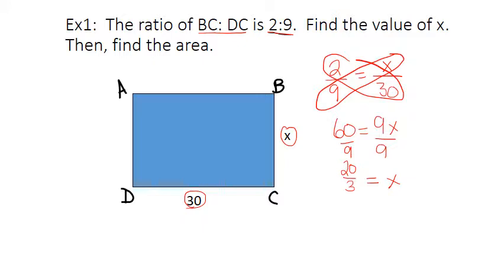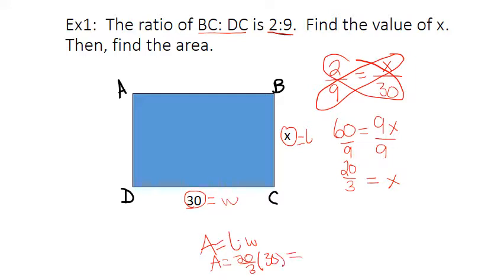But they didn't want us to just find the value of x, they wanted us to find the area. So remember, area is equal to length times width. Here it doesn't matter, you can say 30 is the width and x is the length. So we'll say A is equal to 20 divided by 3, all multiplied by 30.